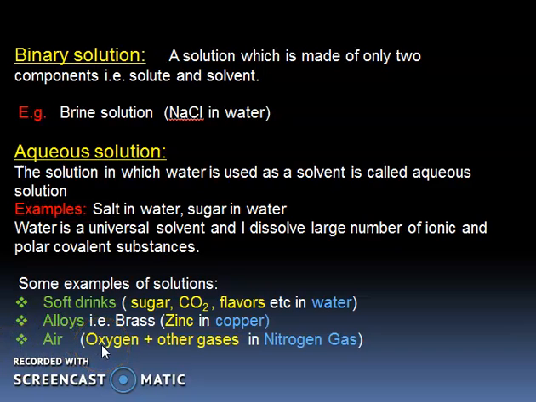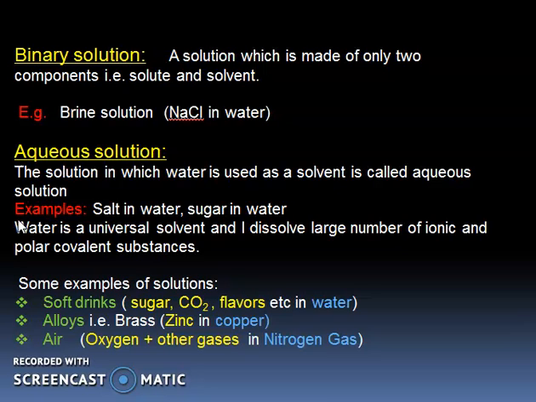Some examples of solutions are given: soft drinks, alloys, and air. In soft drinks, which are usually carbonated water, water is taken as the solvent and other components such as sugar, carbon dioxide, flavors, etc. are all solutes.